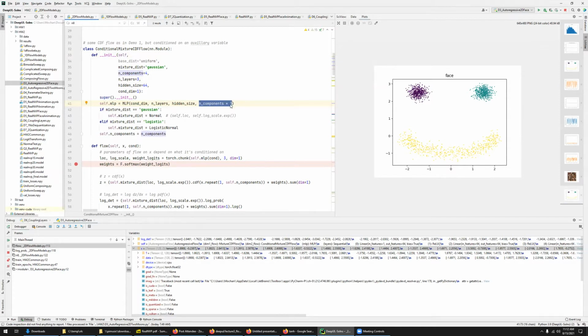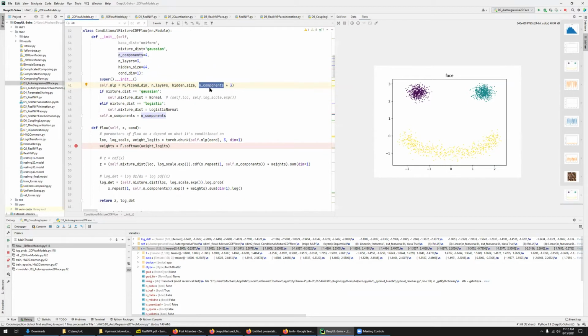Oh, I'm sorry, it's 3 means, standard deviations, and weights, and then how many components do you have here, right? Which is 5, the components is the number of Gaussians. Okay, it's exactly the same as the other one. You have the mixture distribution CDF, and then you take the PDF log probability to get the log determinant.